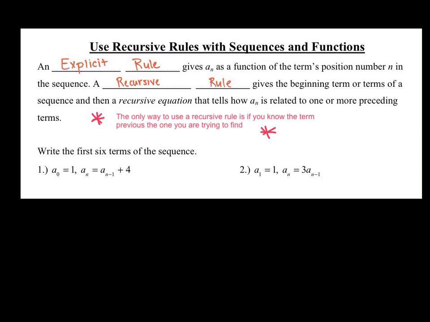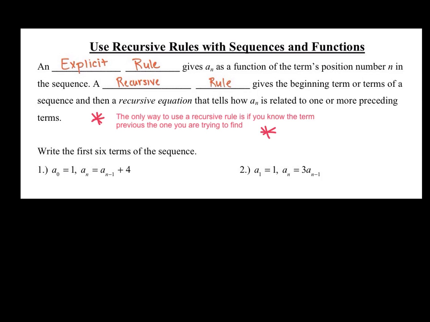So it asks us, write the first 6 terms of the sequence. The thing that's a little different here is a sub 0. That's just another way, instead of writing a sub 1, it's actually taking that first term and subtracting the difference. So a sub 0 is still your first term.